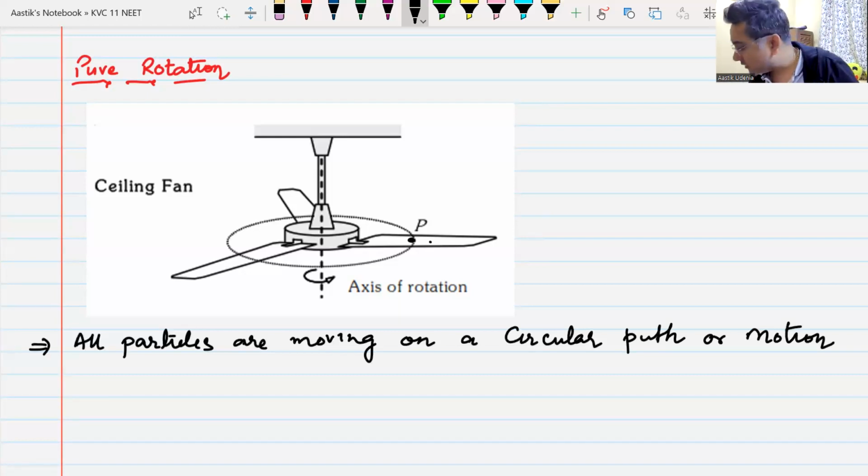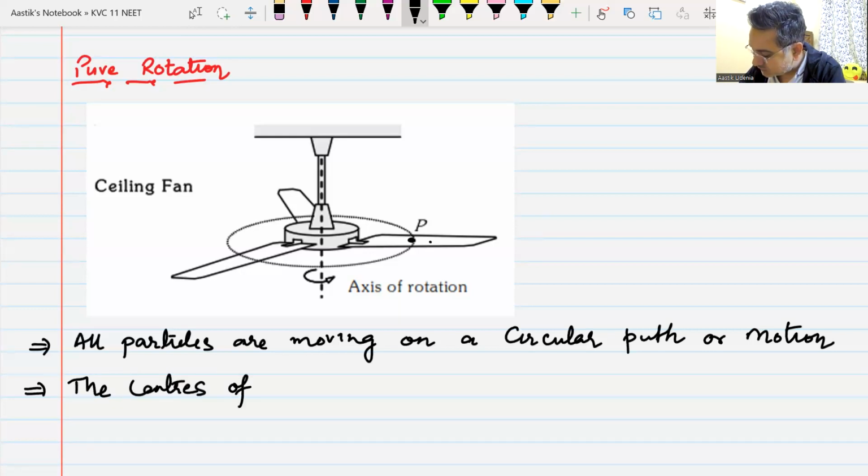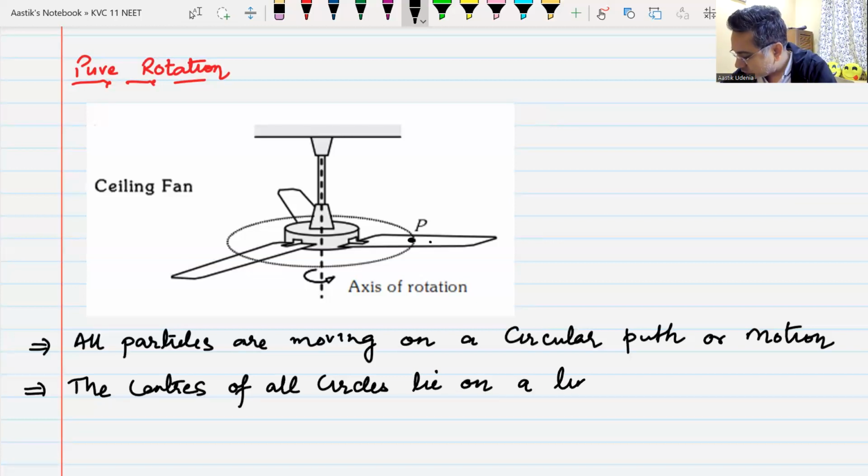All particles are moving on a circular path or they are moving in circular motion. The centers of all circles lie on a line. The center of all these circles lie on one line.